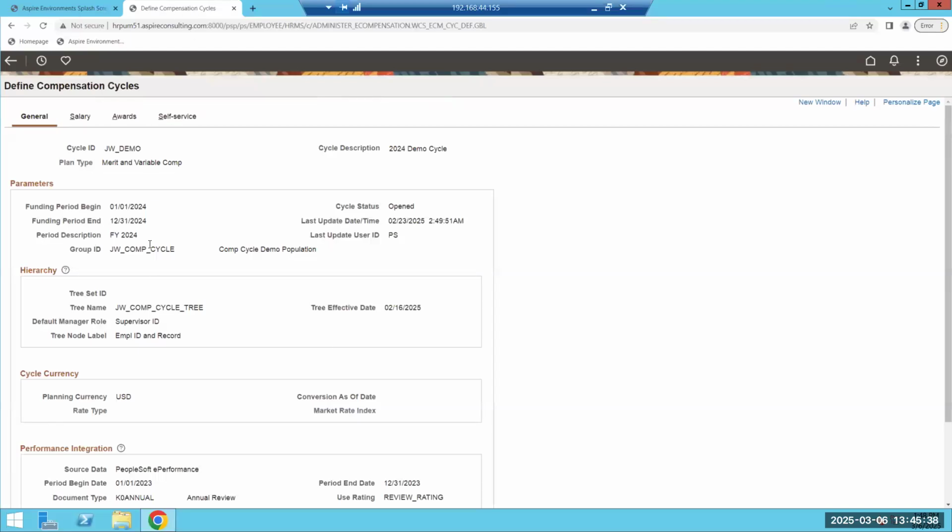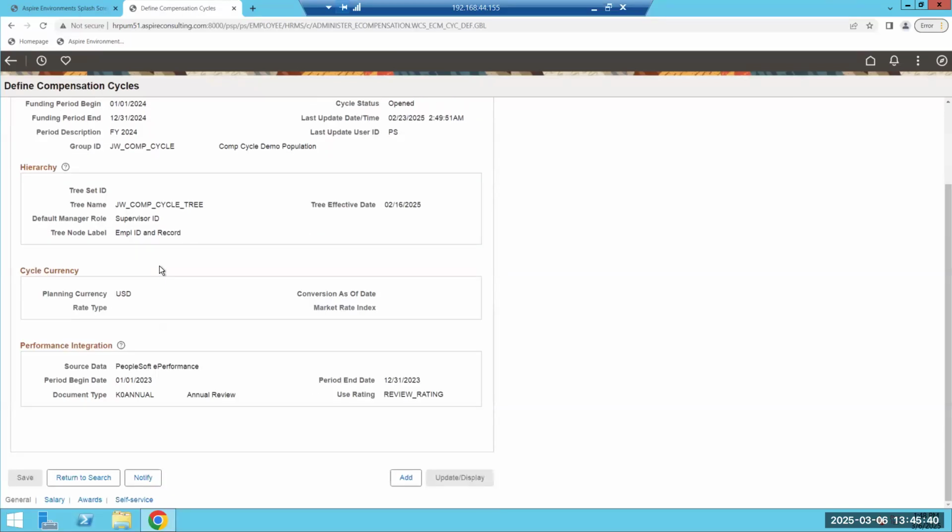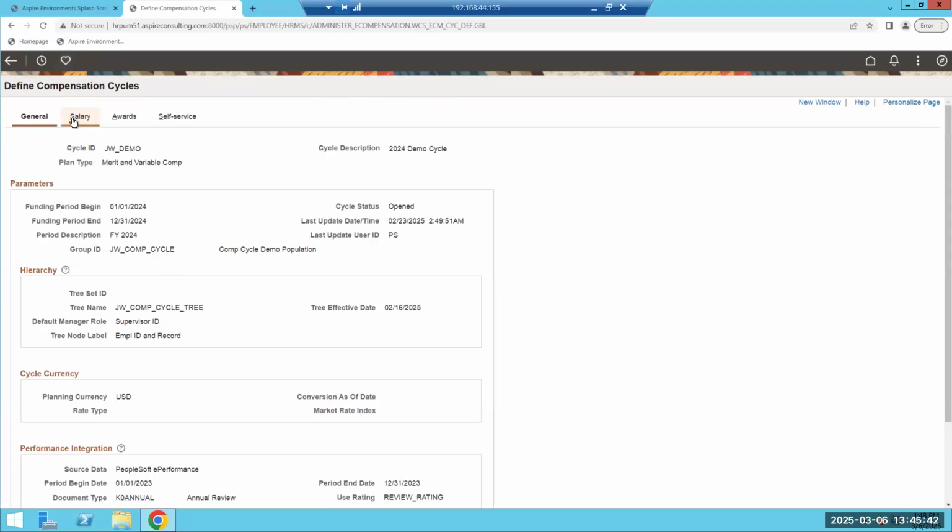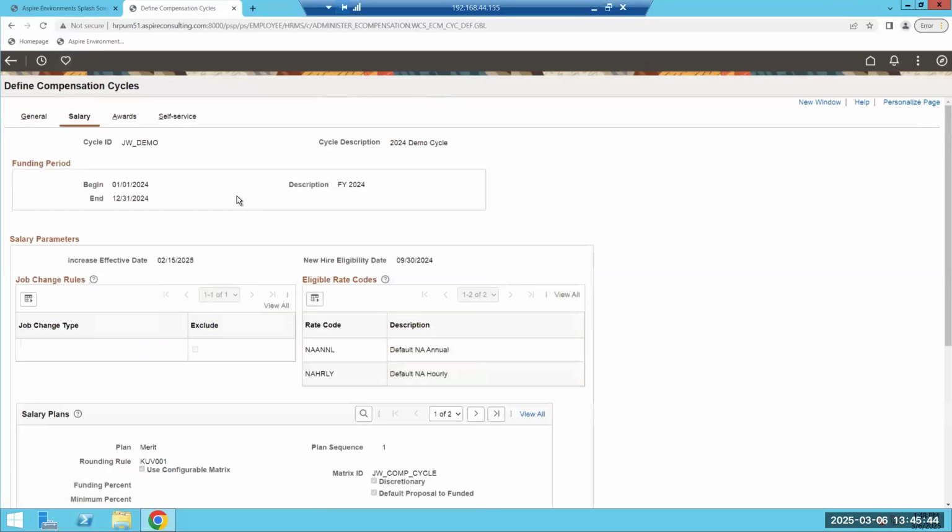So those are the general parameters around the compensation cycle, and then we get into the salary parameters. With the salary parameters, there are some job change rules. There's a batch job you can run that will look for whether the data has changed since I built my comp cycle.